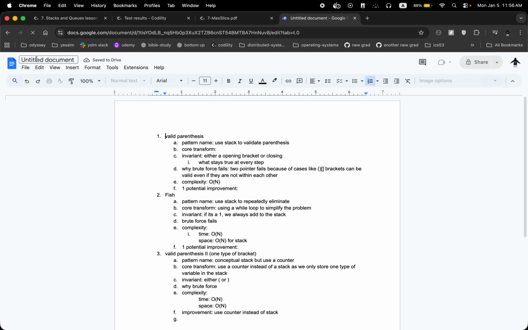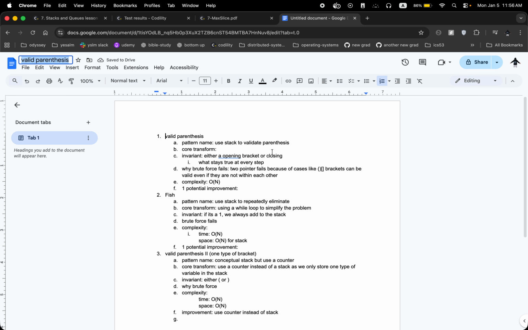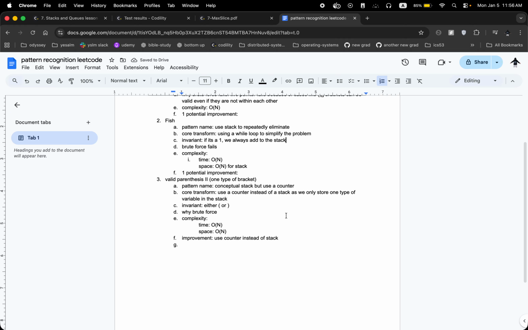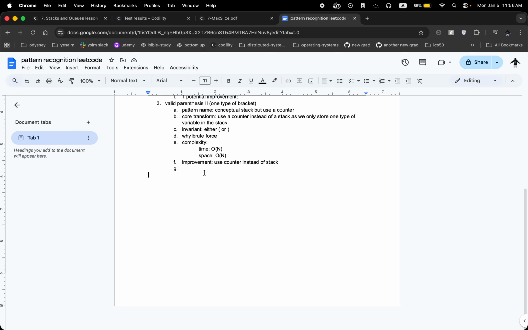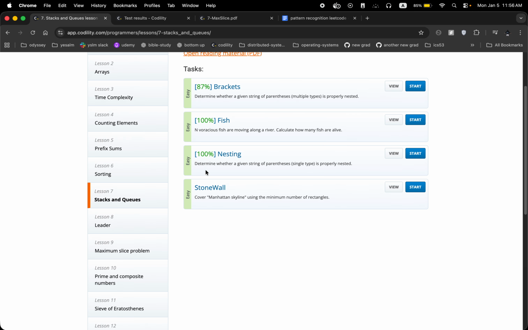Alright, let's add this into our list of problems, or I guess I can call it pattern recognition. LeetCode. Alright, while this is running, I'm gonna do this. So this was Stone Wall.